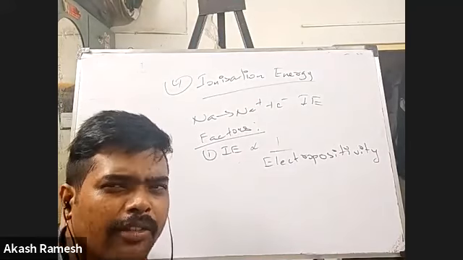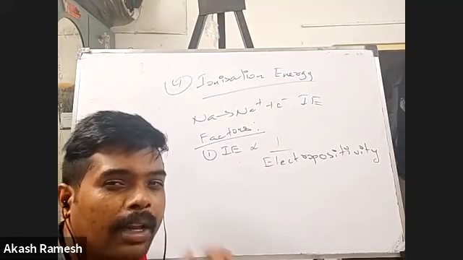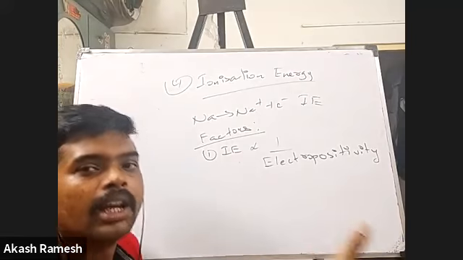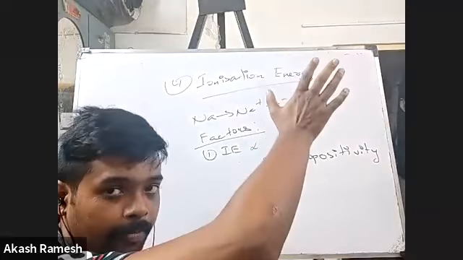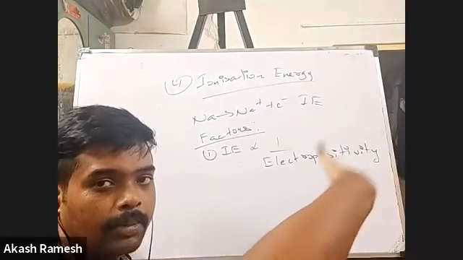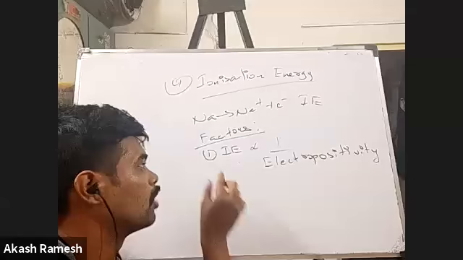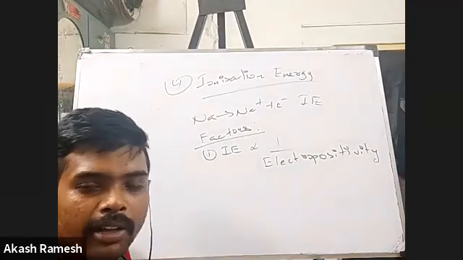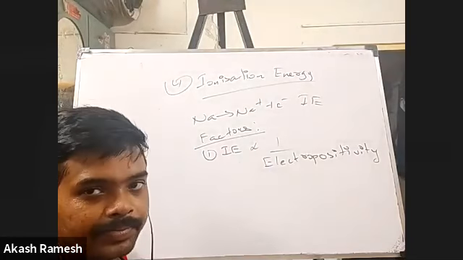So if it's very easy for the element to lose an electron, that means what? I have to supply very little energy in removing the electron. If the element has very high electropositivity, the electron can be easily removed from the atom, right? That means I have to supply only a very little amount of energy for the electron to come out. So that is the first thing which you have to see.